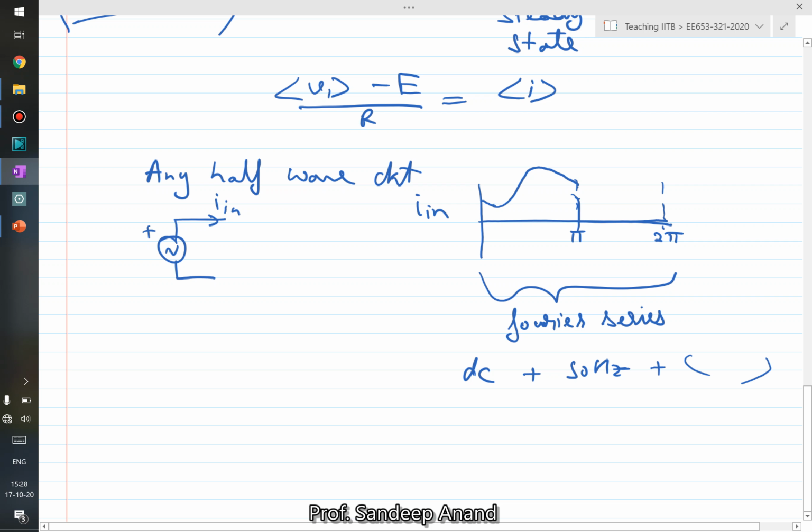Other frequencies are still okay, but you have to notice that there is a DC component. What does it mean? If you find the average of the input current, it is not going to be equal to 0. So the input current is going to have a DC component. Now this DC component drawn from the input AC source is not a very good thing.